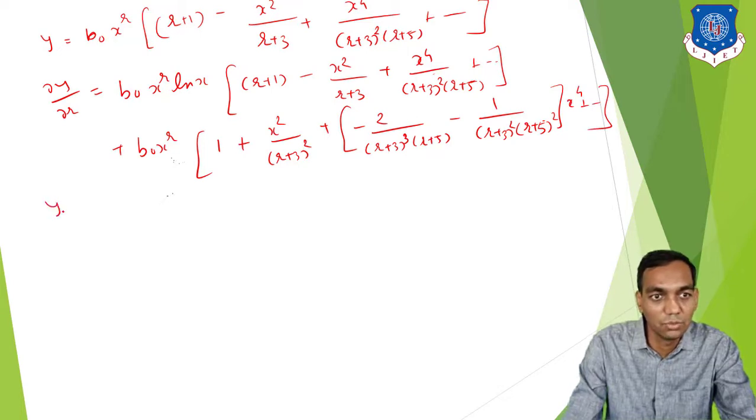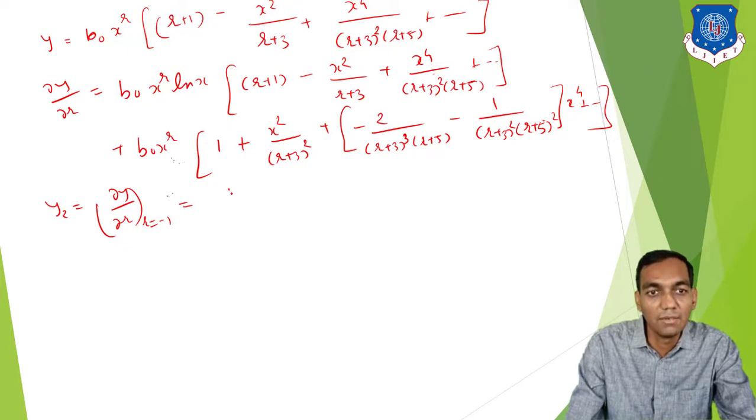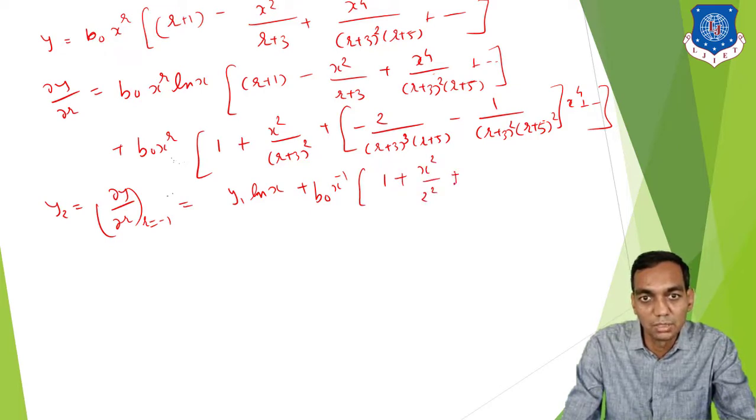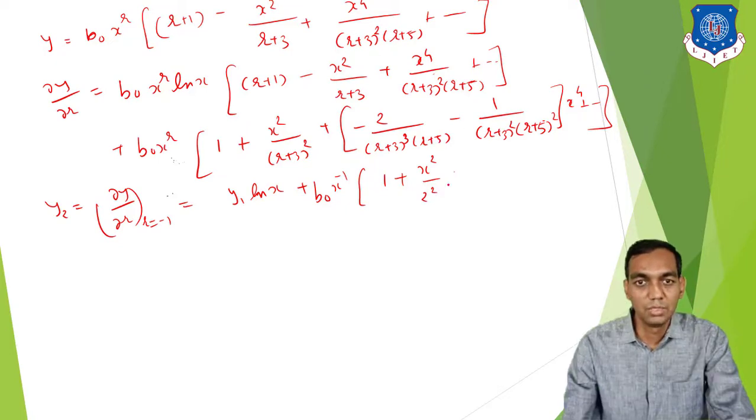And here y2 is given by del y by del r at r is equal to minus 1. So here it is going to be y1 into log x plus the second term is going to be b0 x raised to minus 1 times 1 plus x square upon 2 square plus, see, simplifying this term, that will give you something like minus 5 by 64 x raised to 4 and so on.